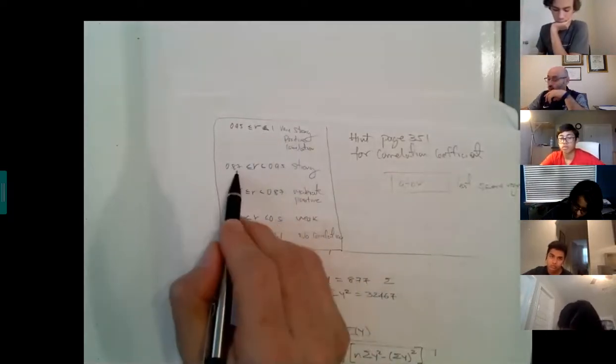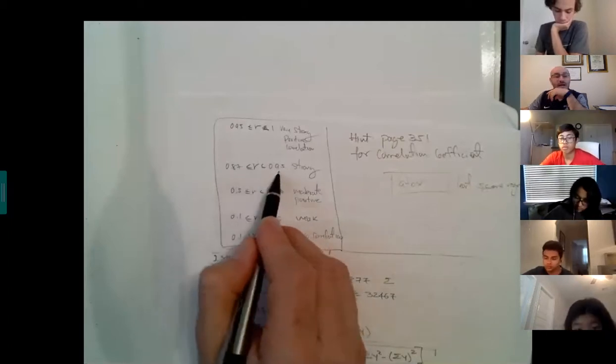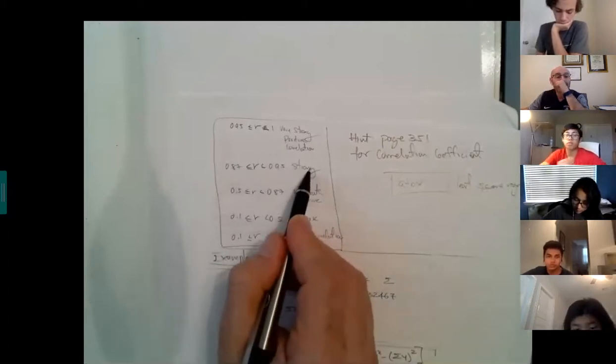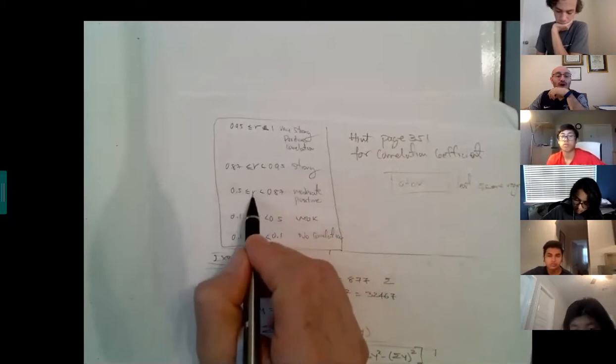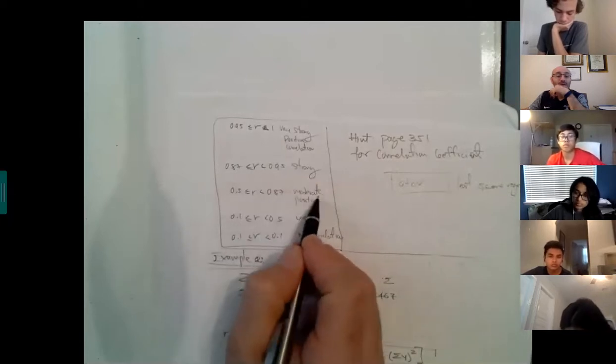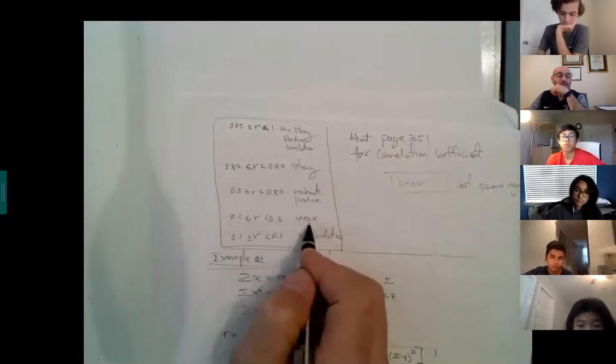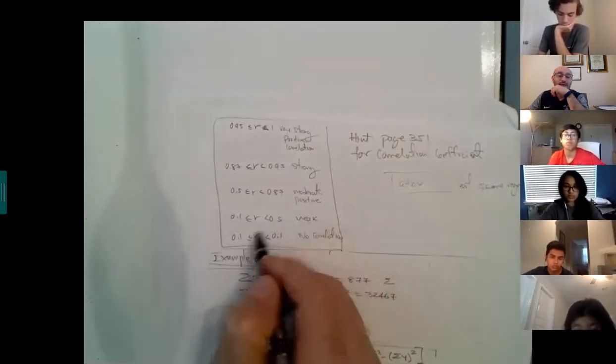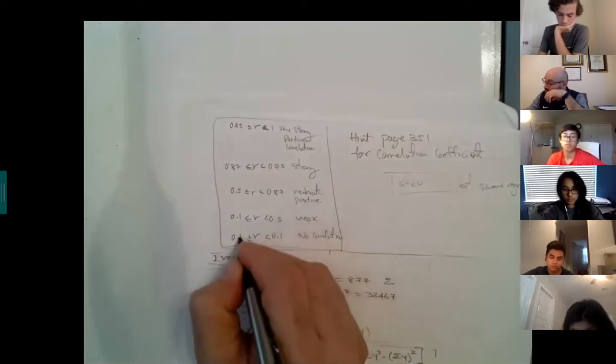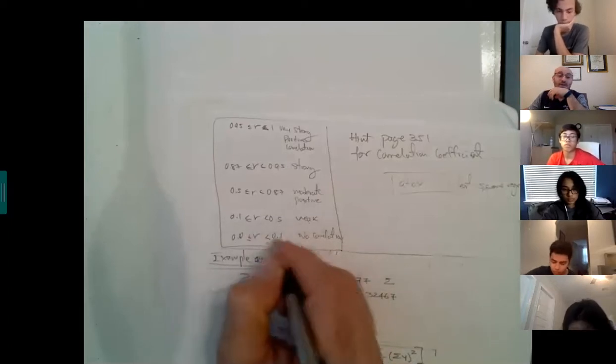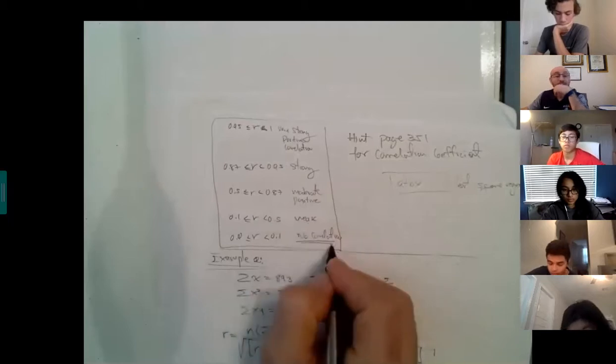If it is between 0.87 and 0.95, it's strong. If it is between 0.5 and 0.87, then it's moderate. And if it's between 0.1 and 0.5, it's weak. And if it's less than 0.1, and that should be between 0 and 0.1, then there is no real correlation, okay?